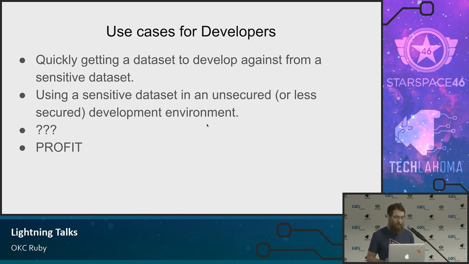So in this case, you can be using what normally would be sensitive data in a less secured environment. And again, since I'm new at this, there are probably tons of other use cases which I haven't thought about. And finally, profit, I guess. If anyone else has used data anonymization, I'd be interested to hear how else you've used that tech.